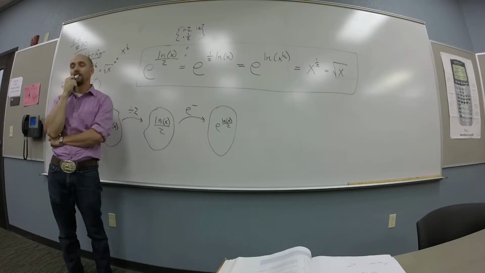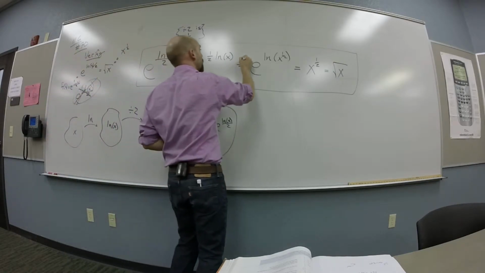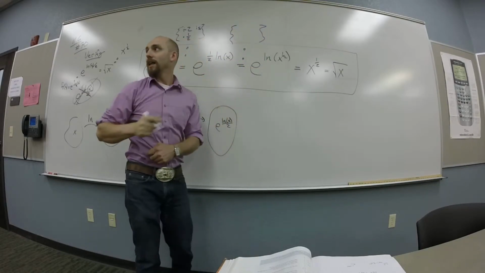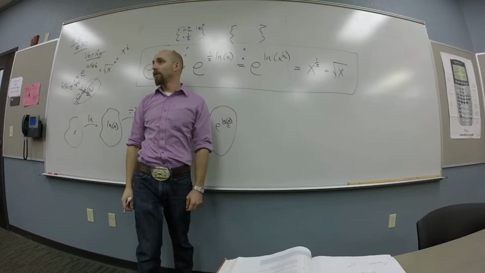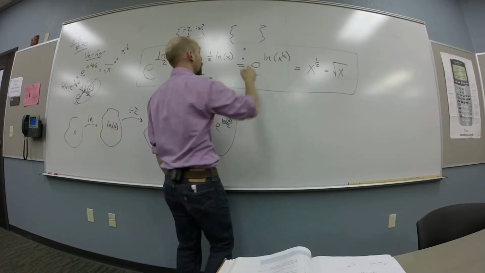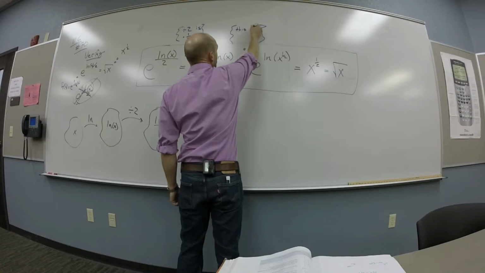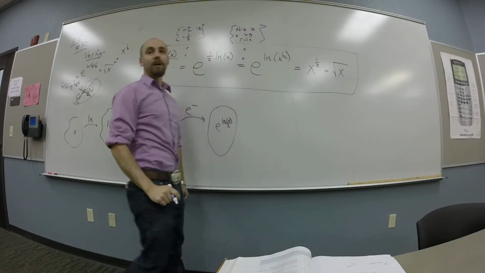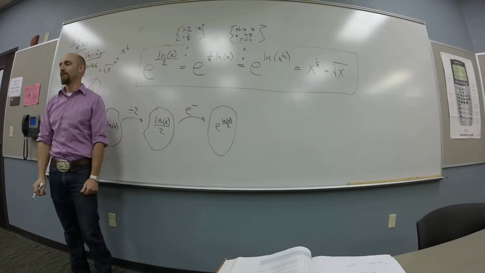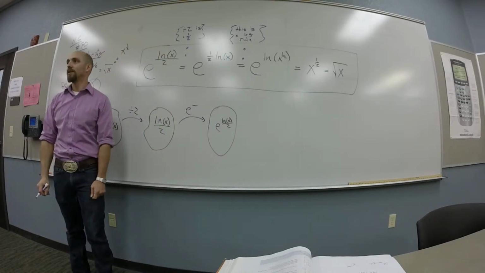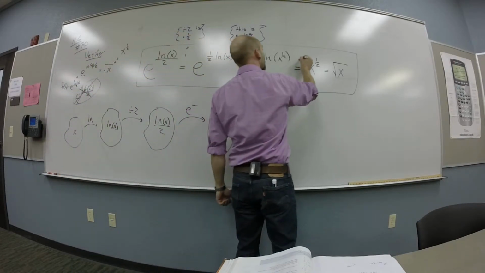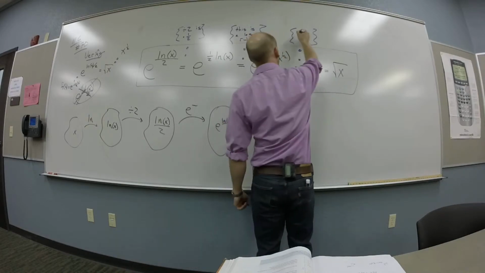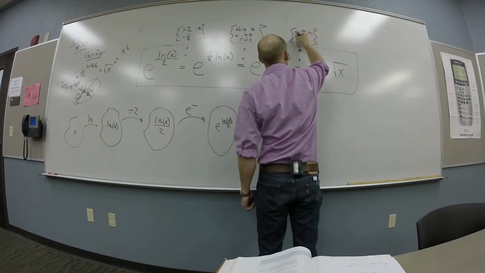Okay, see that? Okay, what did I do for this step? Yeah, that's the power rule for logarithms. That's a log. I might even just write, this is a log rule. Okay. How about this guy? Cancel. Yeah, I might write e and ln undo.